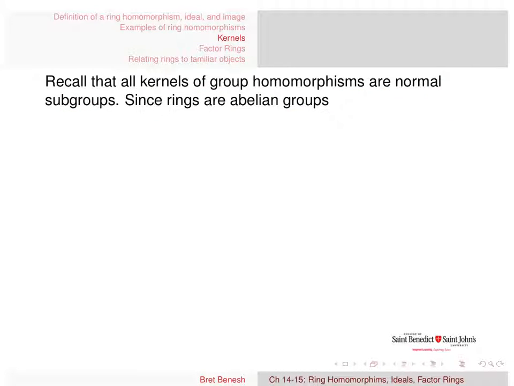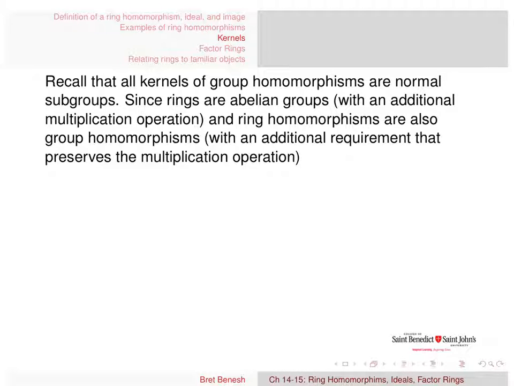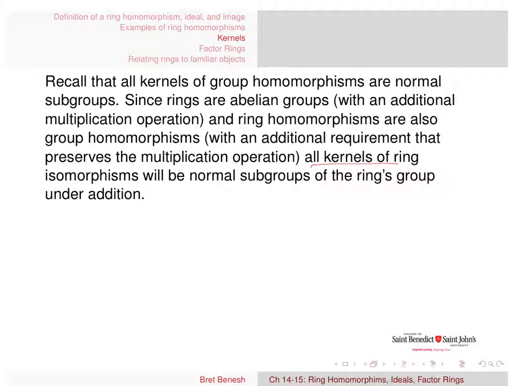It'll be somewhat useful. Since rings are groups with an additional multiplication operation, and ring homomorphisms are also group homomorphisms with the additional requirement that they preserve the multiplication operation, all kernels will be normal subgroups of the ring's group under addition. Okay, so that's not too exciting.